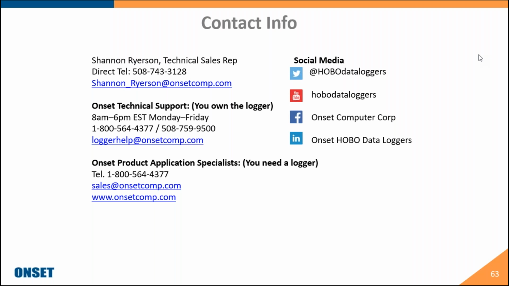Once the connection's reestablished, it will do a batch upload of that data to the cloud, so you won't miss any data. With our Bluetooth data loggers, it works a little differently. If the gateway was to go down, once that connection is reestablished, it doesn't do a batch upload. You'll simply have to go over to the data logger and offload that data through the Hobo Connect app.